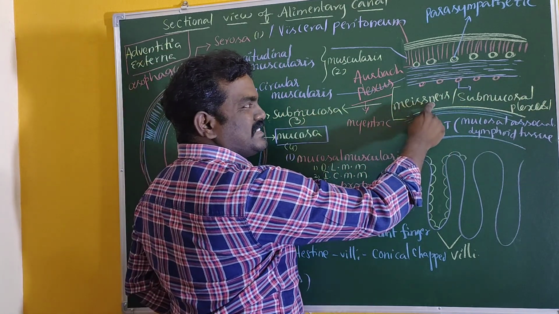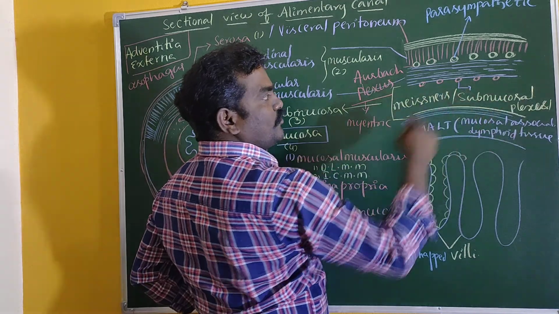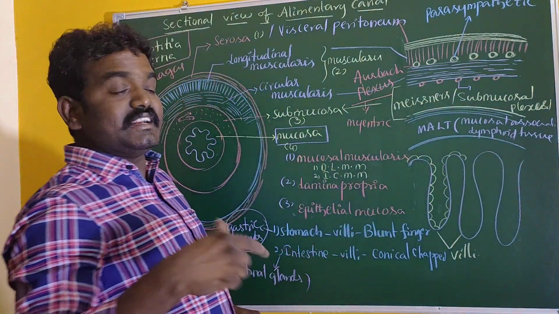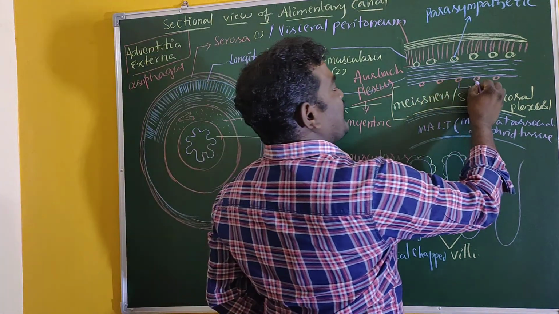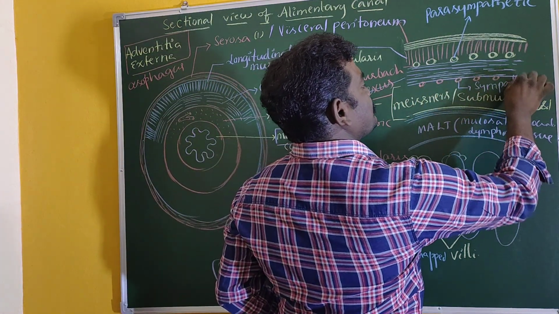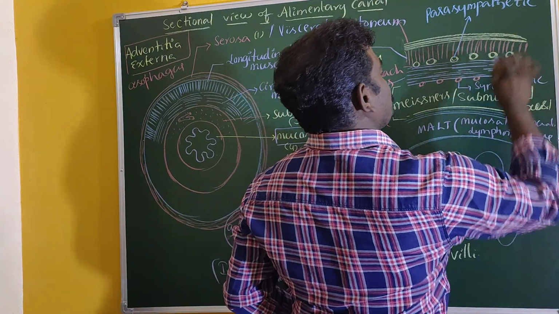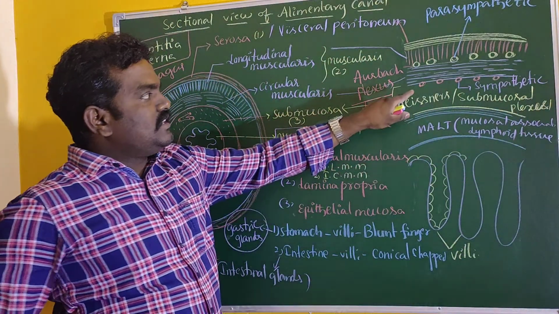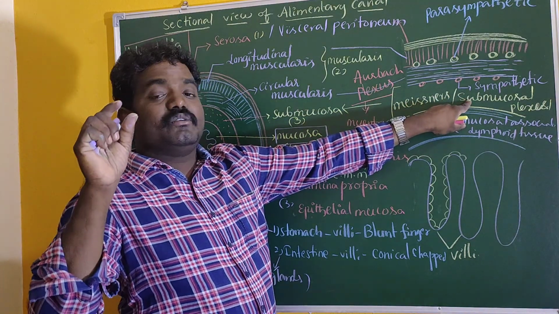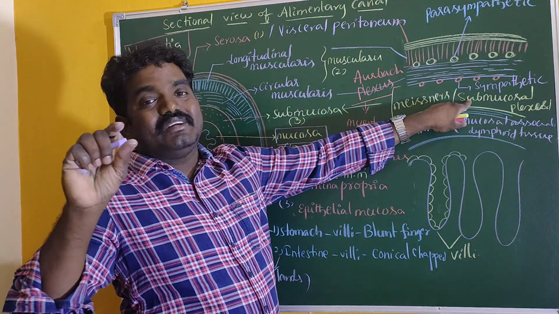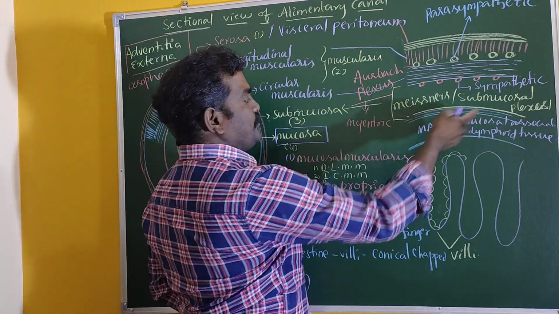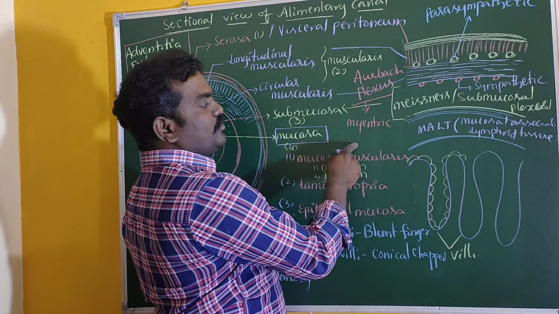The submucosa bears Meissner's plexuses or submucosal plexuses, related to the sympathetic nervous system, which control gastrointestinal juice secretion. Then the fourth layer is mucosa.